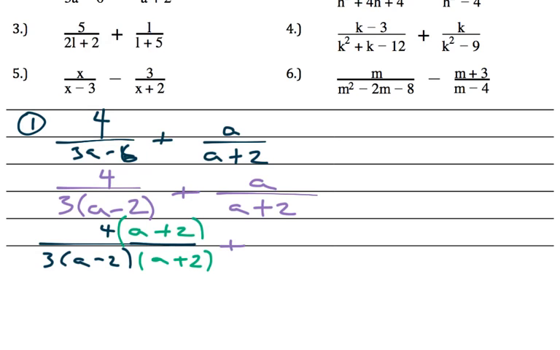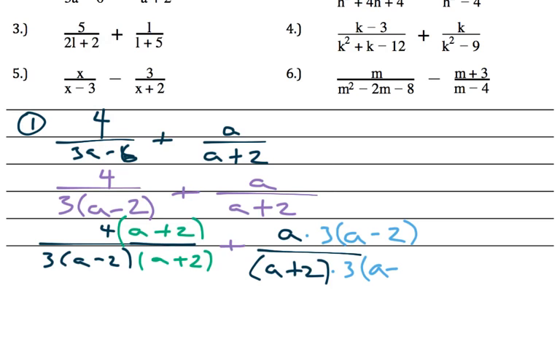I'll move over here, and I will deal with this fraction next. I'm going to write the numerator and the denominator. But now I'm going to multiply it not just by a minus 2, but also by 3. So I'll multiply this by 3a minus 2, and this by the same.